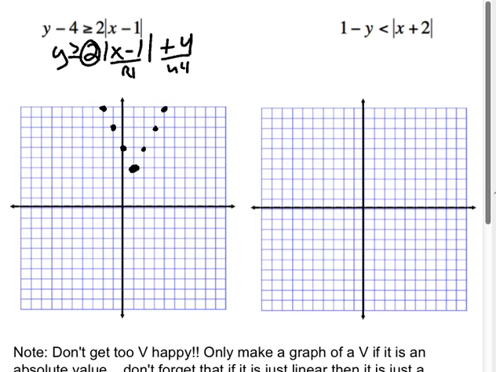Now I'm going to interpret that. I see greater than or equal to. The "or equal to" piece tells me this is going to be solid lines. And greater than means start at my vertex. I'm thinking upward, so I'm going to be shading inside here.